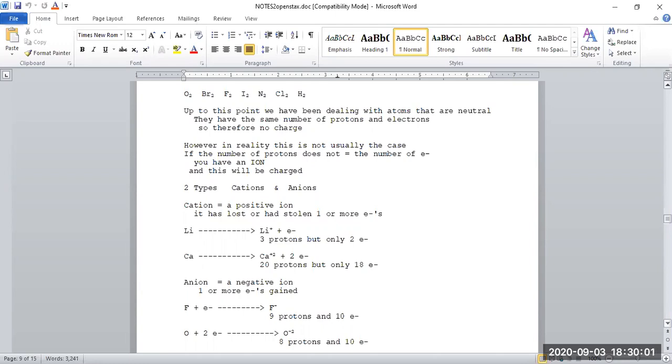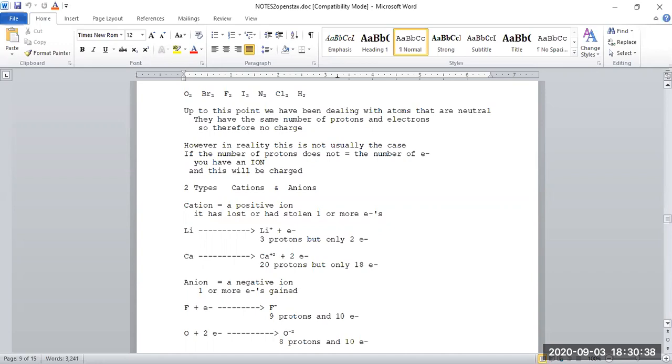Now the reason it's a cation is I've still got the 3 pluses, but I only have 2 minuses. Think of it kind of like unveiling or revealing the plus that was always there that's now no longer masked by a 3rd electron. You've peeled that 3rd electron away and it went to live with somebody else. And now you see that 3rd positive charge.